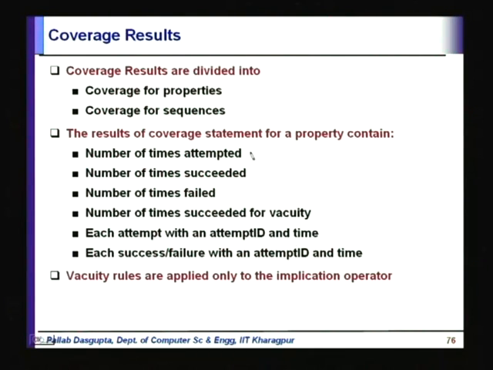It should display the number of times the property was attempted, the number of times it matched, the number of times it failed, the number of times it succeeded because it vacuously succeeded, and each attempt with the attempt ID and time, right. So, every time it starts matching the property, it assigns an attempt ID with it, and there is a time at which you start the matching, right.